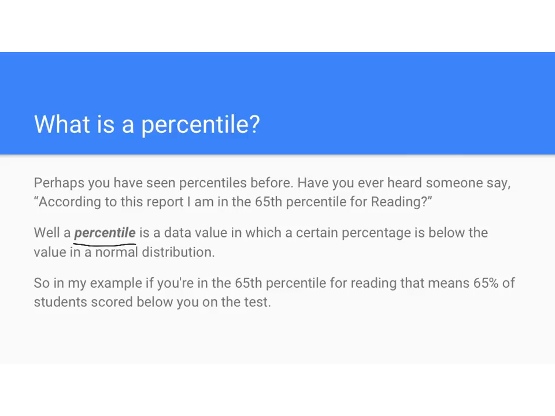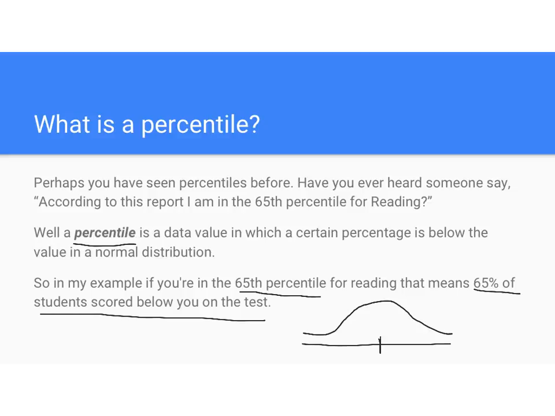So if you're in the 65th percentile for reading, that means 65% of students scored below you on the test. If you imagine our normal distribution, whatever the average was would be here. You scored somewhere over here such that the area below you is 65%.